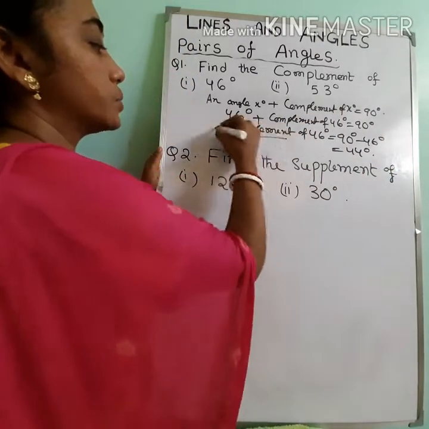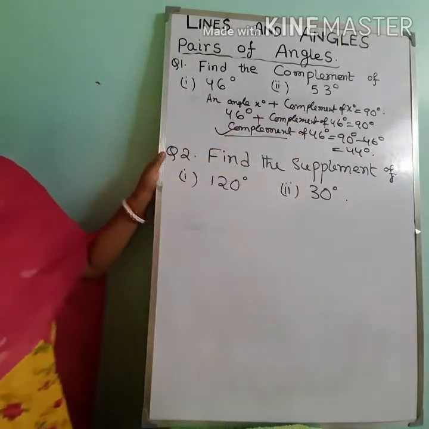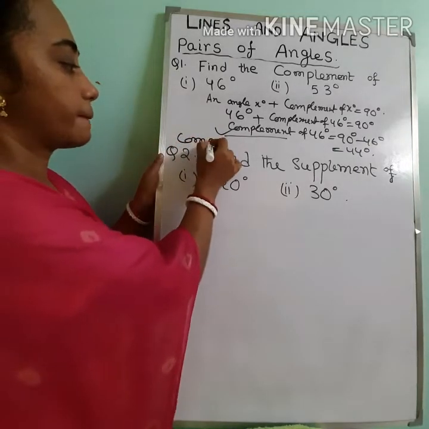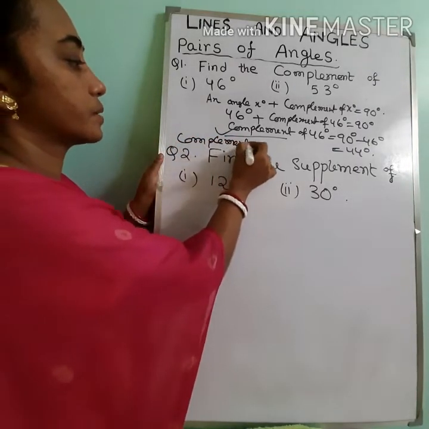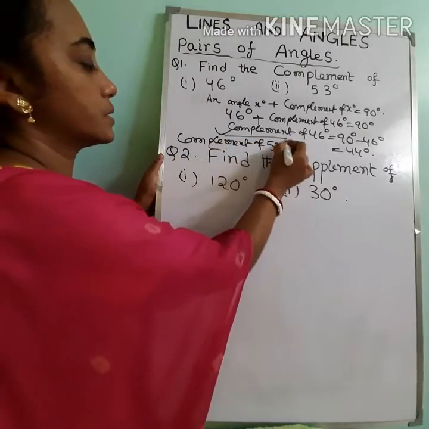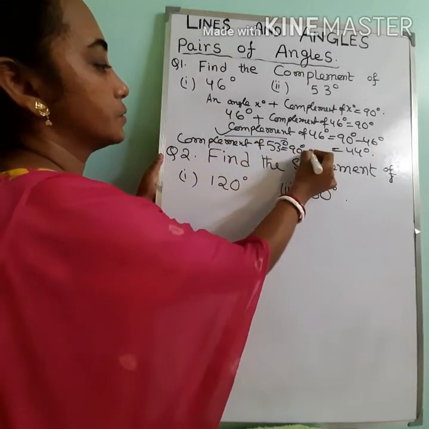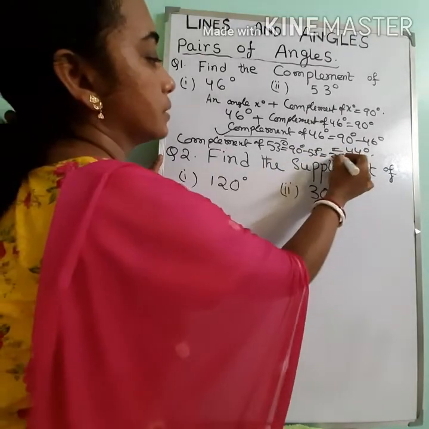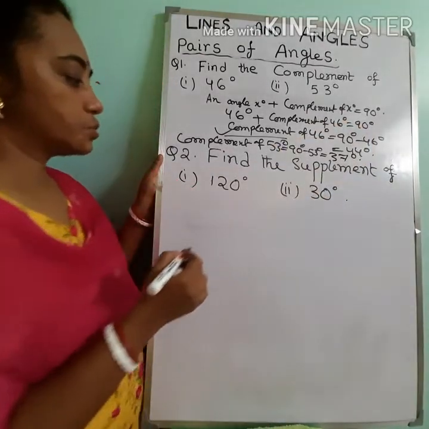You can directly use this formula to find out the complement of 46 degree. Similarly, complement of 53 degree is equal to 90 degree minus 53 degree is equal to 37 degree. Now let us do the next question.